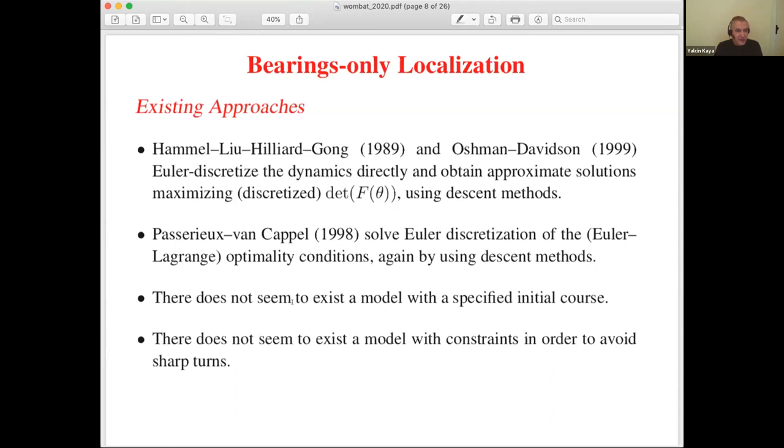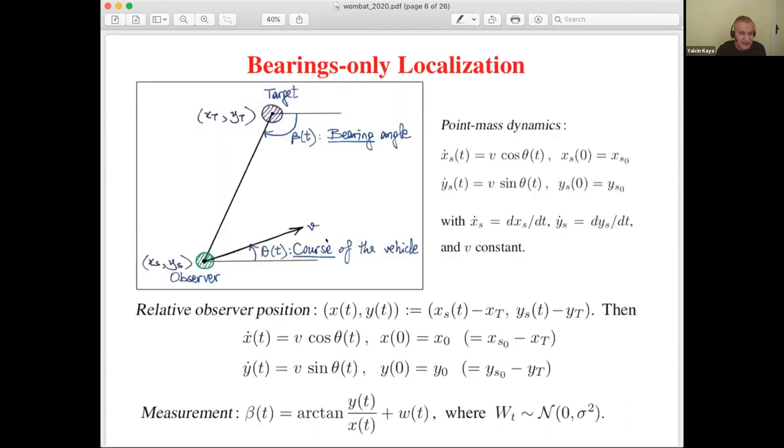Also, you note that there doesn't seem to exist a properly posed model with a specified initial course. Initial course is, again, just to remind ourselves, the heading angle of the vehicle, which appears in the dynamics here. And also in these models, there doesn't seem to be constraints on the rate of theta, which is very important because it tells you at what rate the vehicle is going to be maneuvering.